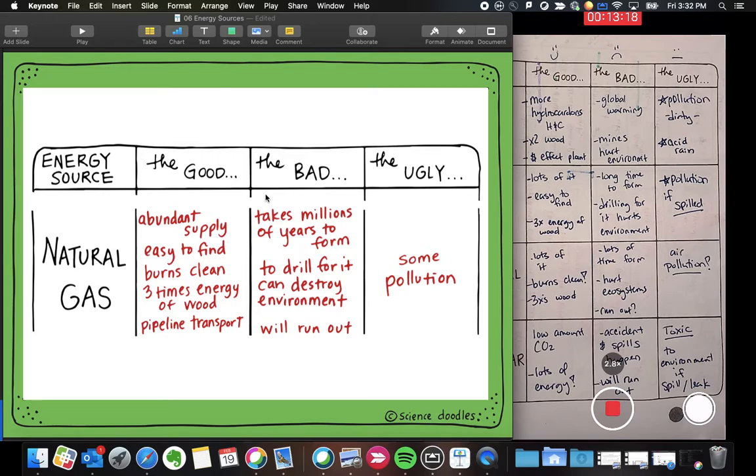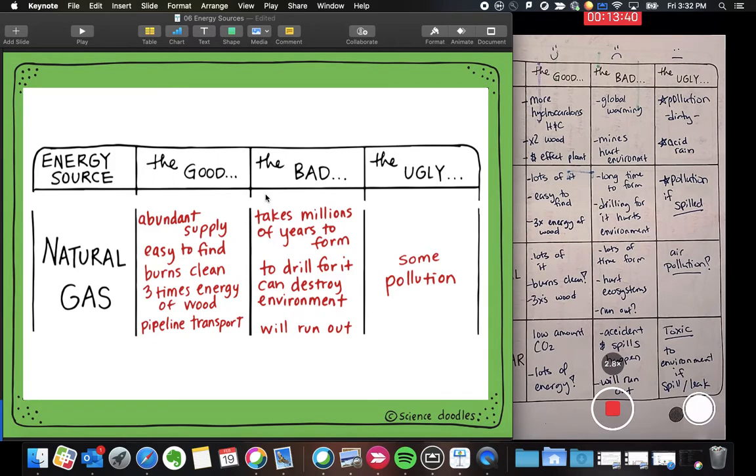Natural gas, there's a lot of it. Easy to find. It burns clean, so when I do burn it to cook with it, it doesn't cause an odor. It doesn't hurt the environment of the house that it's being burnt in. There's 3 times the energy of wood. We're going to leave off pipeline transport. The bad part takes millions of years to form.